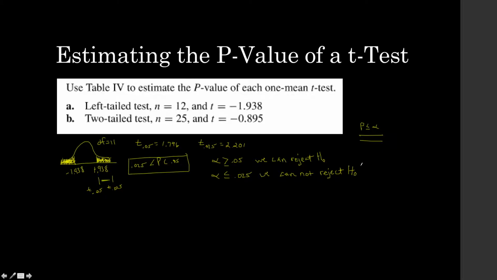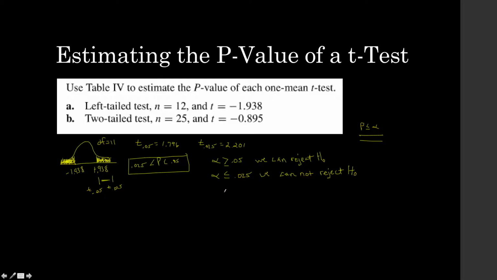All right, so the question of the day is, what about between 0.025 and 0.05? Not every number between there is the p-value. There's only one p-value for each t distribution, right? So what about between there? The only way to figure out between here is with statistical software. The table just does not give us enough data.